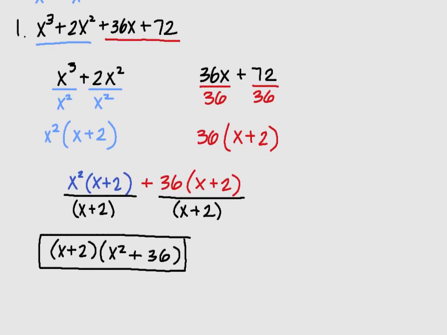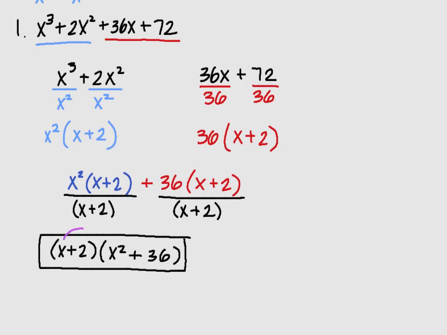And lastly, checking to make sure that I did this correctly. I know this is going to take a little bit of time, but we always want to make sure that we factored it correctly. So I want to make sure that when I distribute this, it does match the original polynomial that I started with. So I am going to use the distributive property.